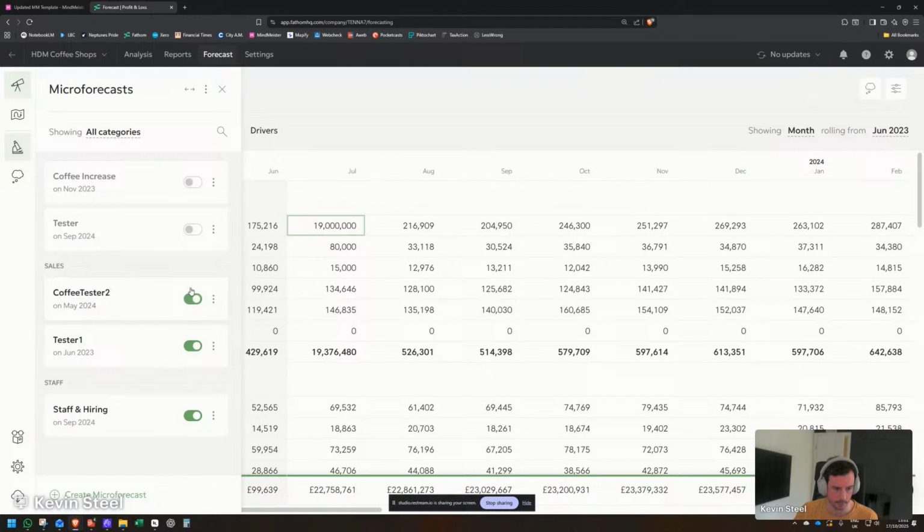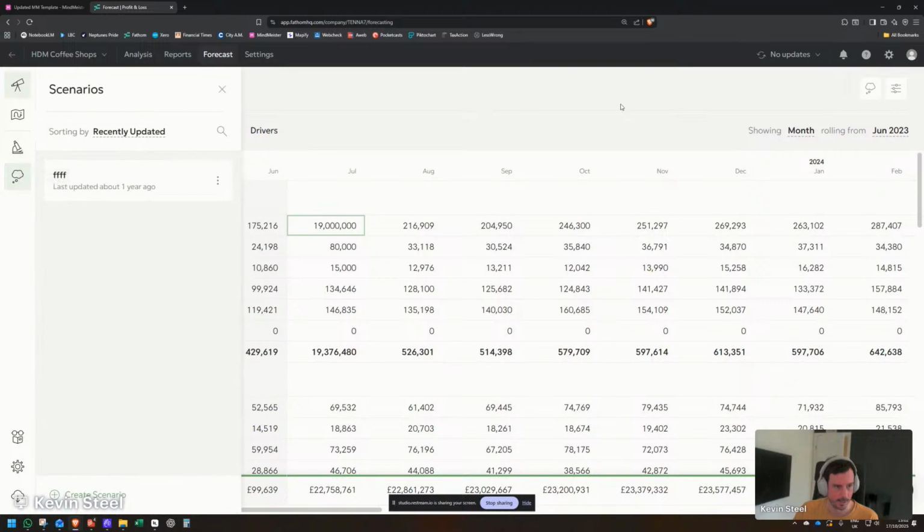We can turn all these different assumptions on and off and use that to make decisions on the business. So it's really good for off the cuff decision making and scenario planning. We can test out new assumptions on the business and how that will impact profitability, cash flow, working capital, etc.